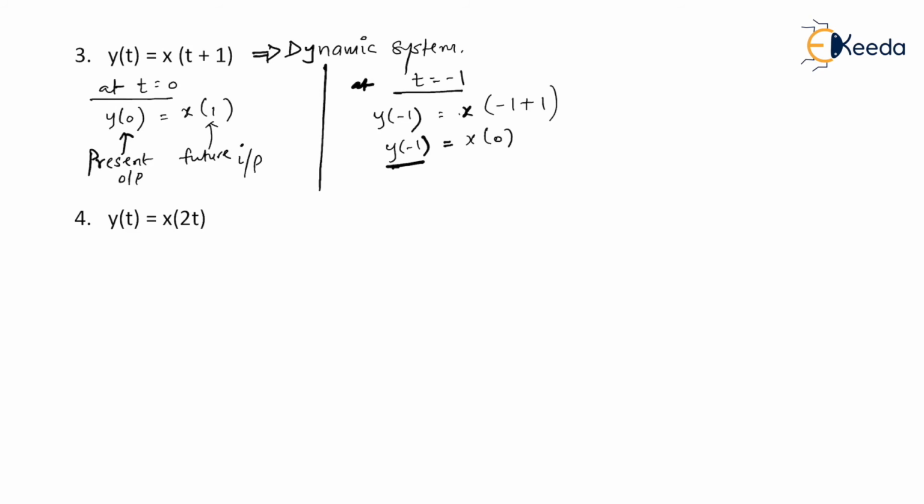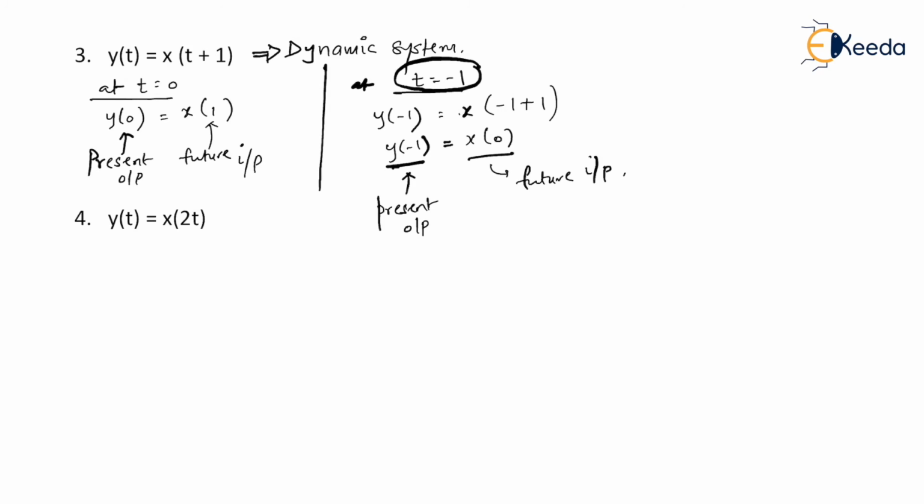And of course, when I'm talking about t equal to minus 1 here, it means this is a present time. So this is called as present output. Then x of 0 is of course something which is going to come in future. Therefore, this is called as a future input.